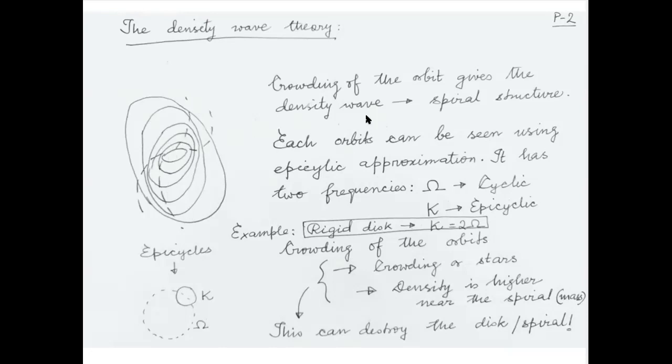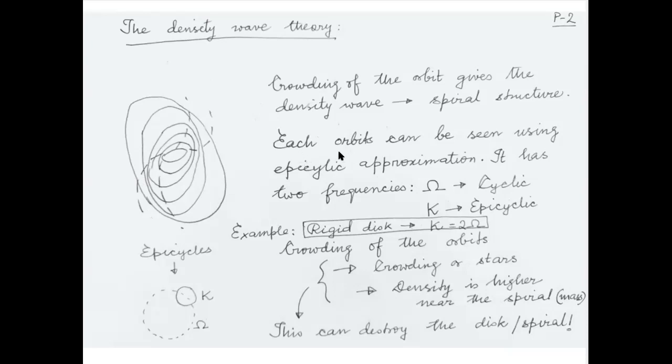These we call the density waves, which essentially give you the spiral structure. So this is the basic idea: you have an ellipse here, the next ellipse is a little bit rotated, the next ellipse is a little bit rotated. If I put in all these ellipses, even through my bad drawing, you can see that there is crowding of the orbits along these directions.